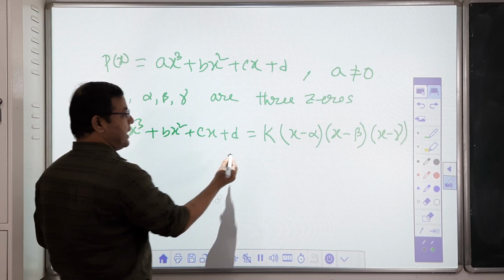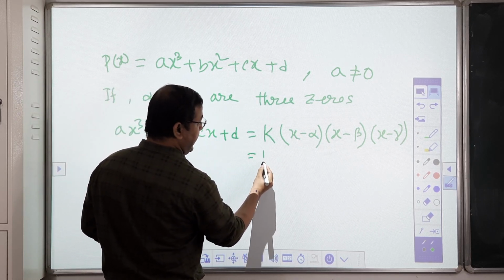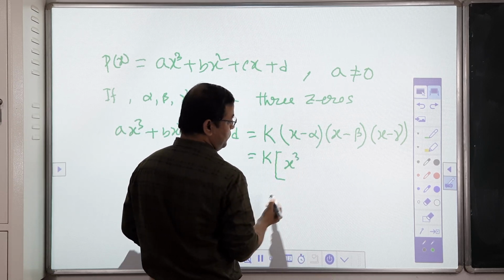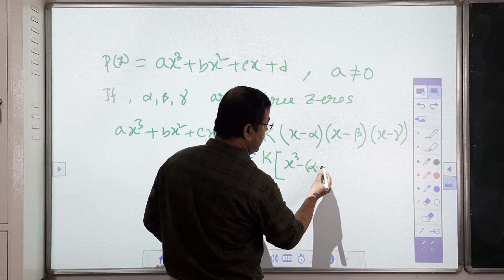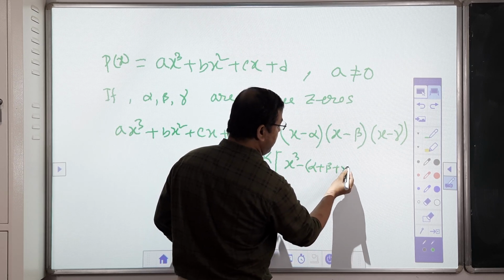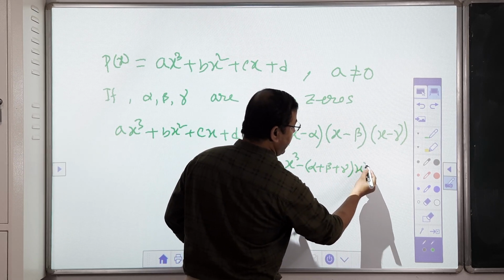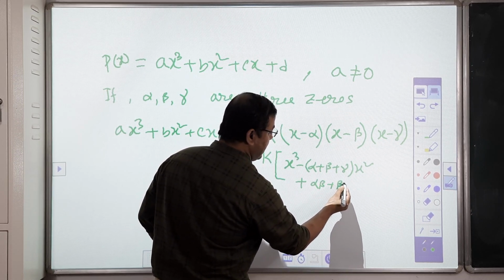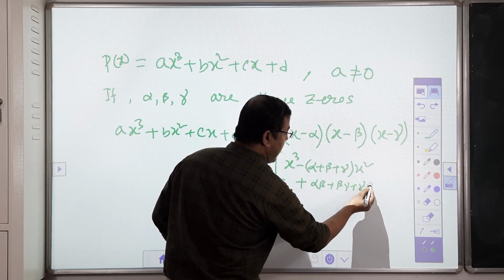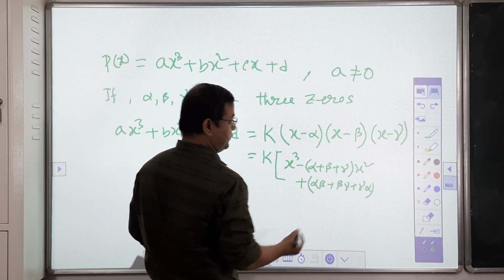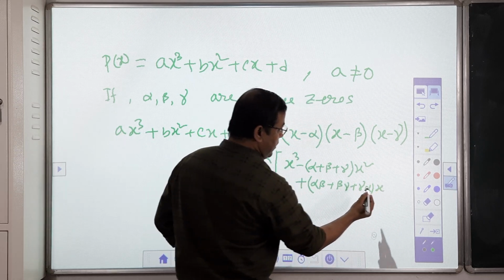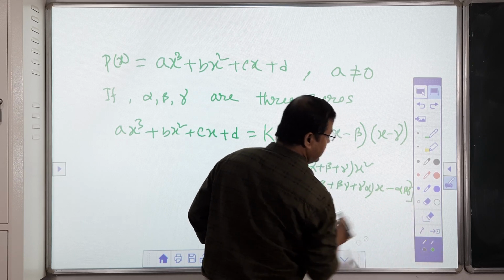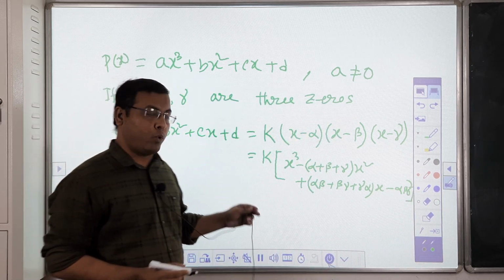If you multiply the right hand side, you get k into, within the third bracket, x cube minus (alpha plus beta plus gamma) into x square plus (alpha beta plus beta gamma plus gamma alpha) into x minus alpha beta gamma. This is the cubic polynomial.